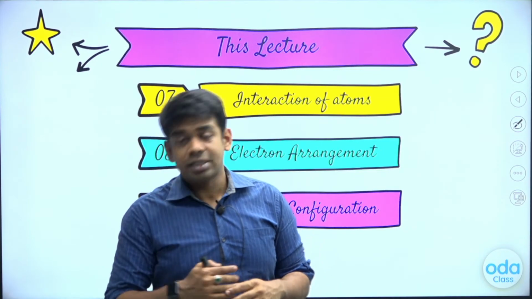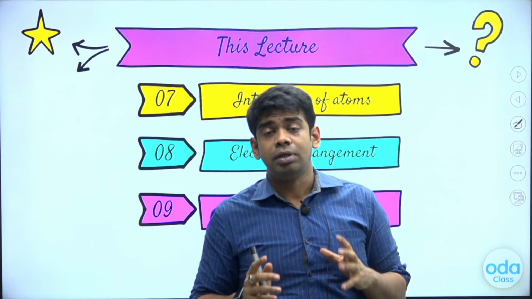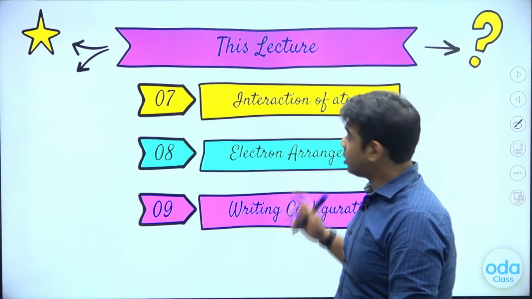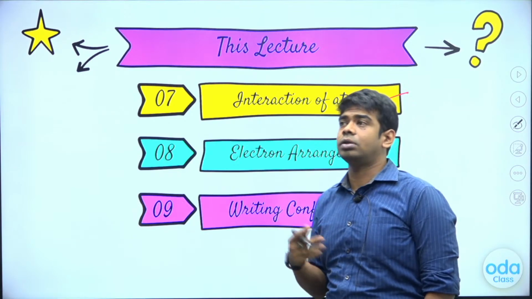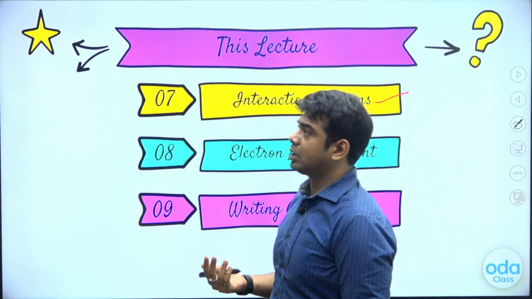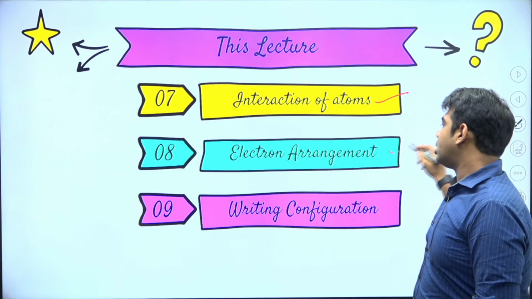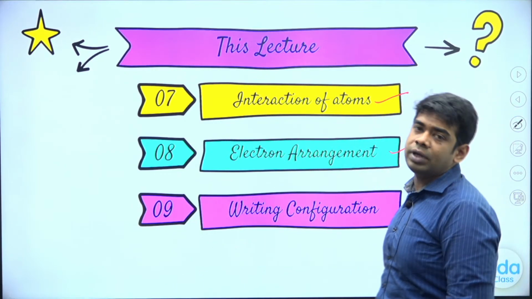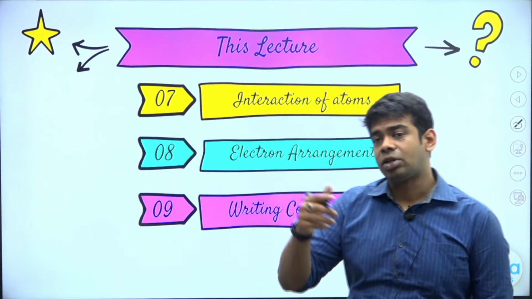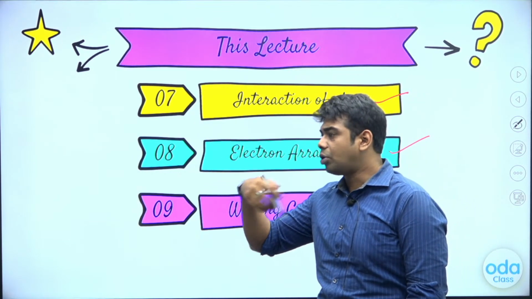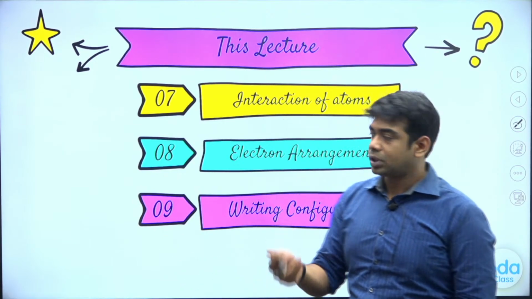Now, let's understand what we are going to learn in this lecture. The first thing is the interaction of atoms. How do two atoms interact with each other, and what are the different ways by which they can do that? Then we will learn about electron arrangement: how the electrons can be arranged, and what we can take out from that arrangement.